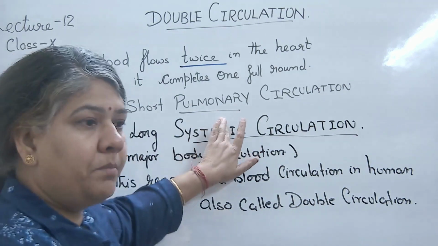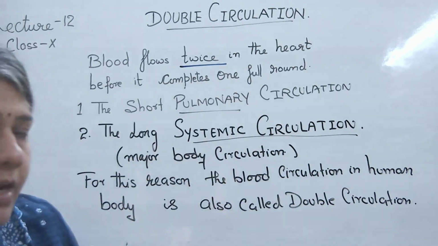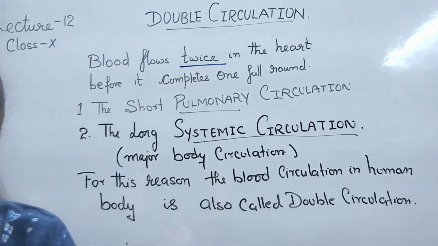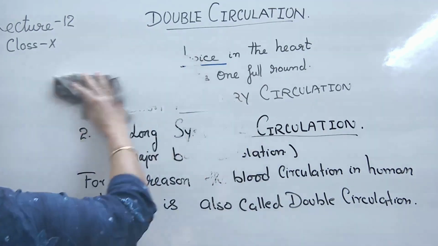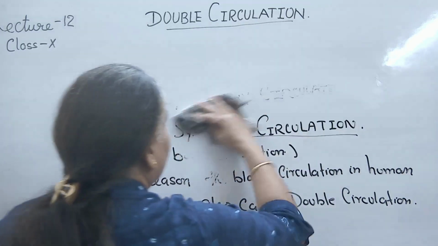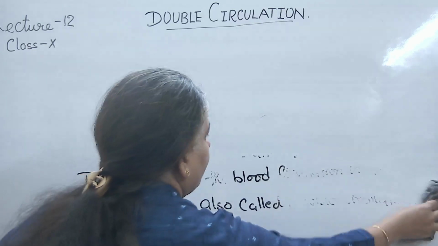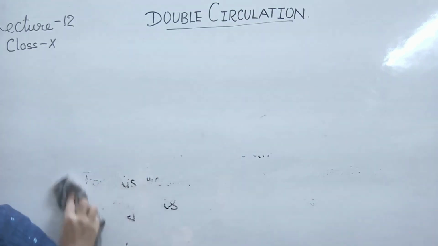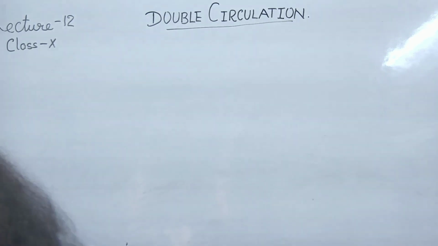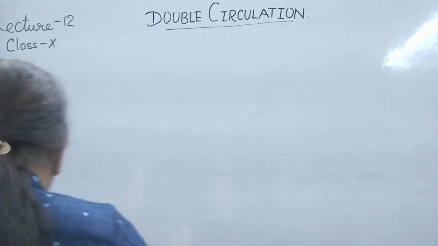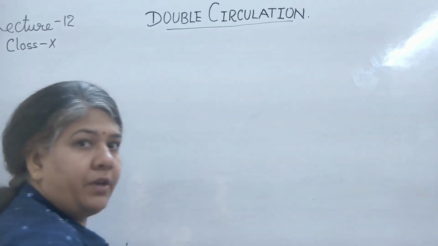Let's understand pulmonary circulation and systemic circulation through a schematic diagram. See, our heart is 4-chambered, that we already discussed in previous video.